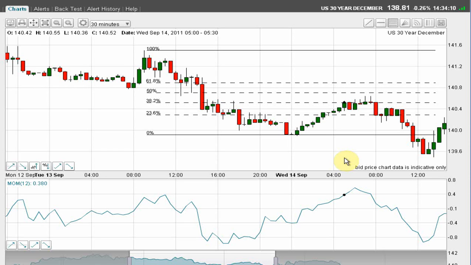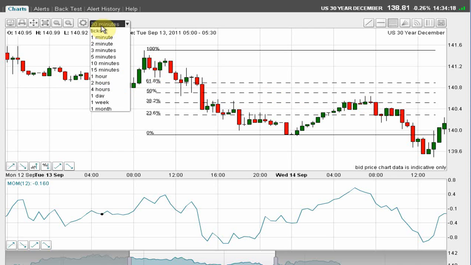Now, I will say this, as you have seen with these examples, with Fibonacci, you're not often going to get an exact hit on the line and then a total rebound off that line. You're more often than not going to see this sort of effect here. So if you're actually following the market in real time, which I know a lot of you are, you can be looking at the fine scale. I'm using the 30-minute chart here, and I wonder if I can pull up the 15-minute.